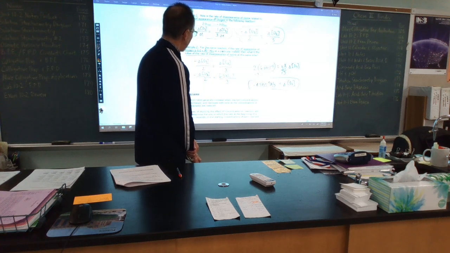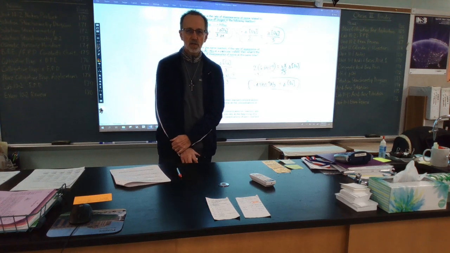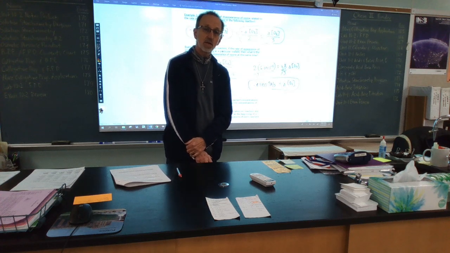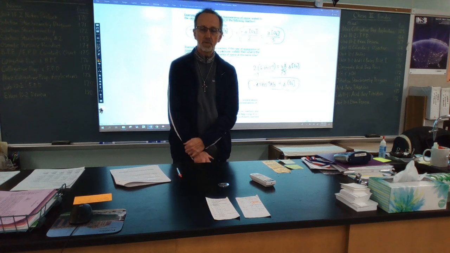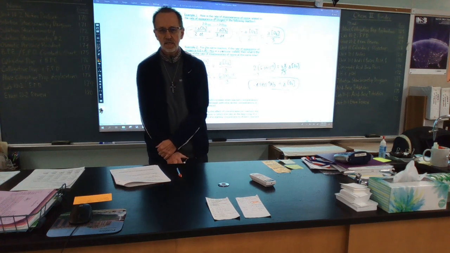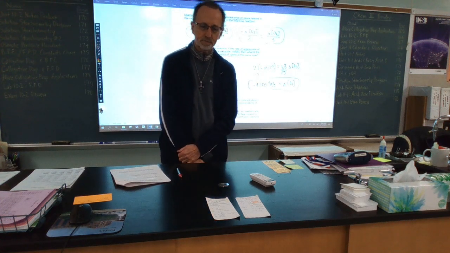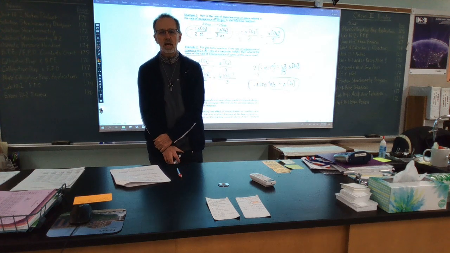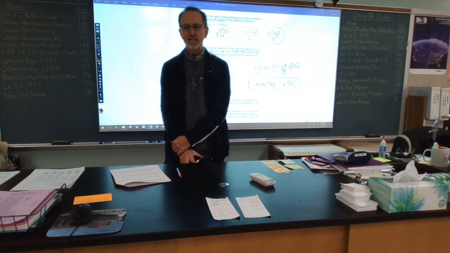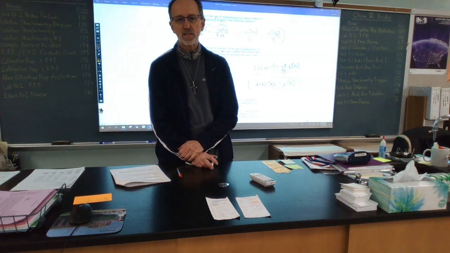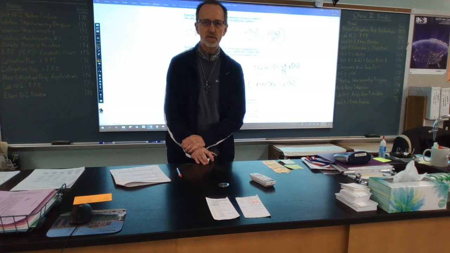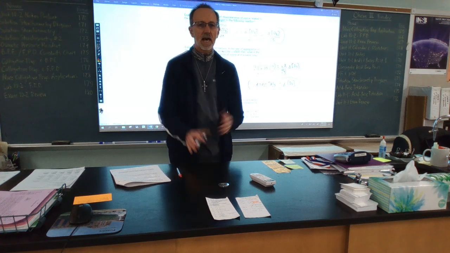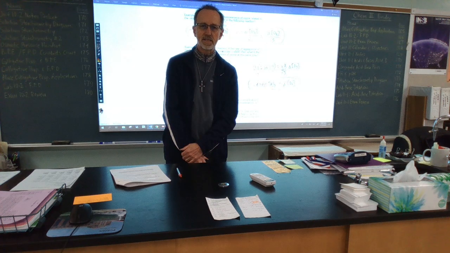So you should be able to complete the Kinetics assignment number 1 for unit 1, and then also the reaction rates assignment. Those 2 assignments you should be able to complete after viewing this lesson.